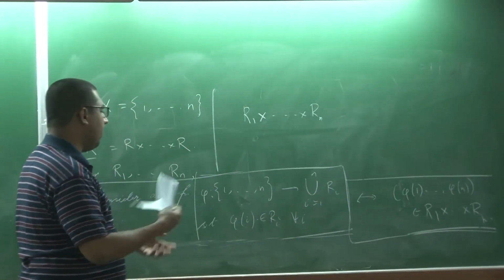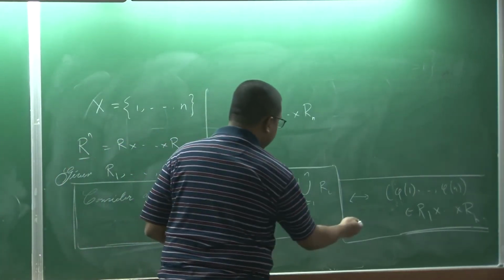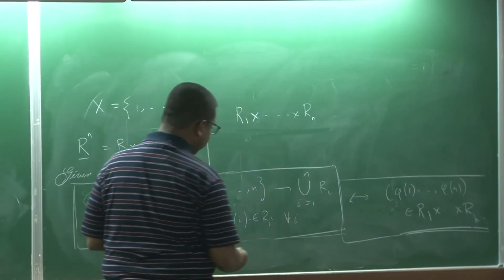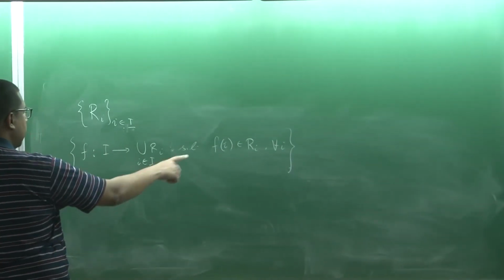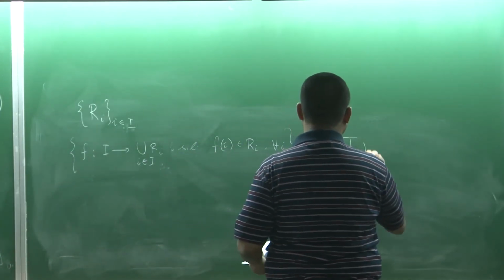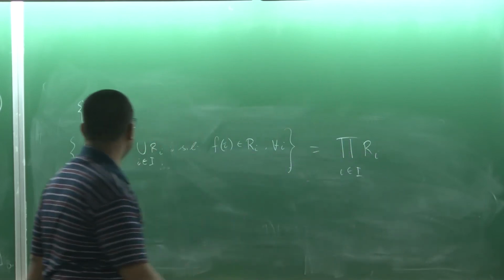So for the sake of generality, we will view tuples as functions of this form. This is exactly what we are doing here. So this collection is called the Cartesian product of the family, okay.